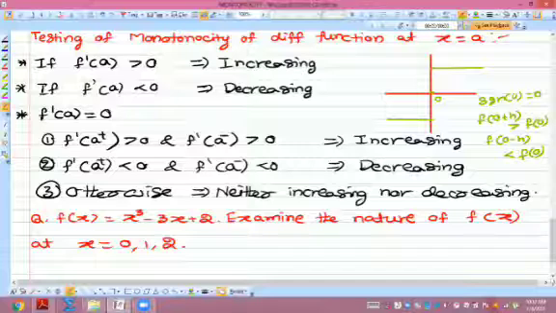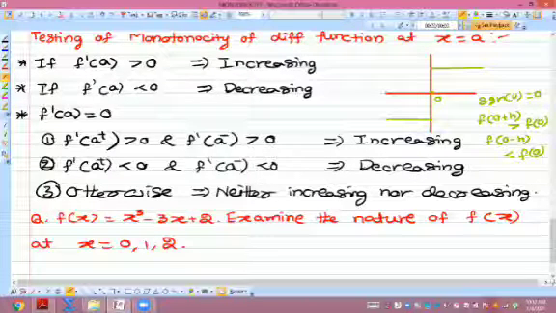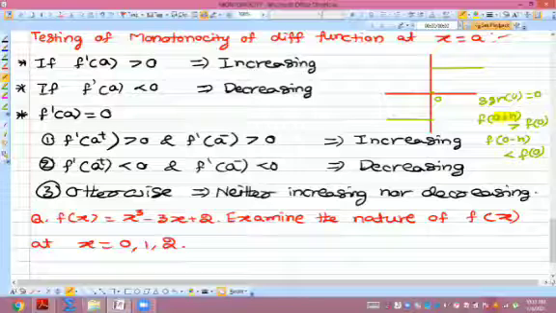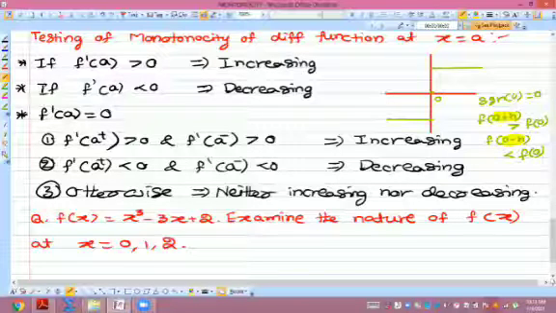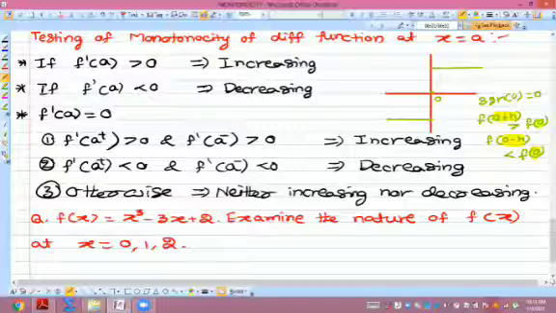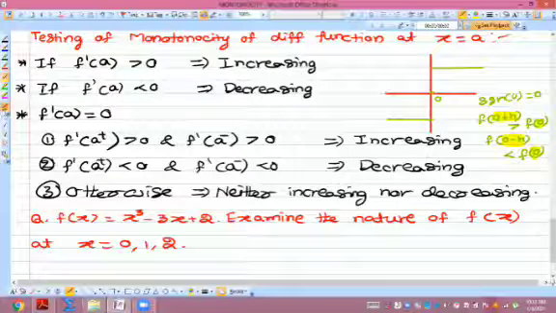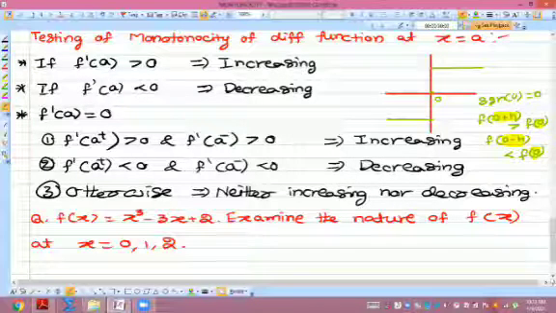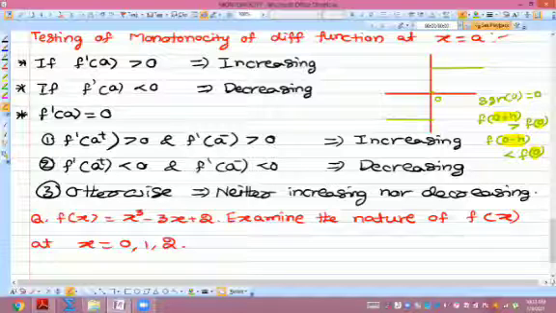See, when you are increasing the value of x, the function value is increasing, and when you are decreasing the value of x, the function value is also decreasing. From this, we can say that the function f of x, signum x, is increasing at 0.